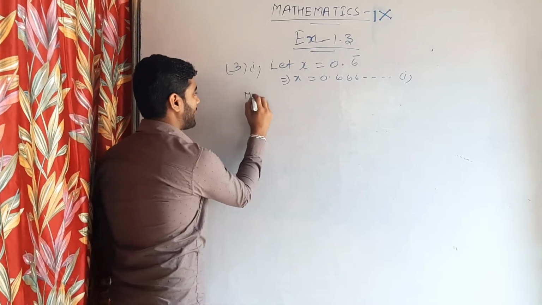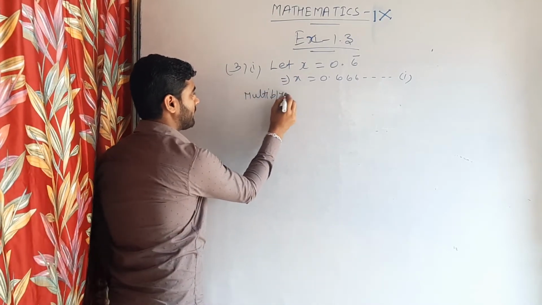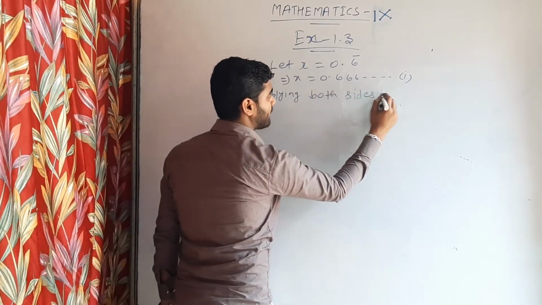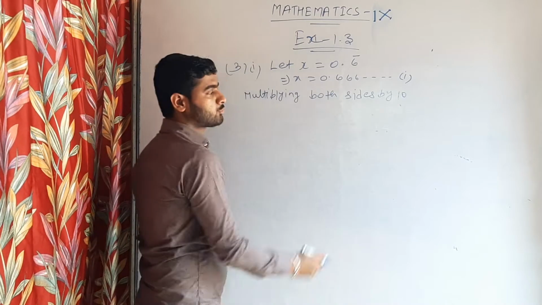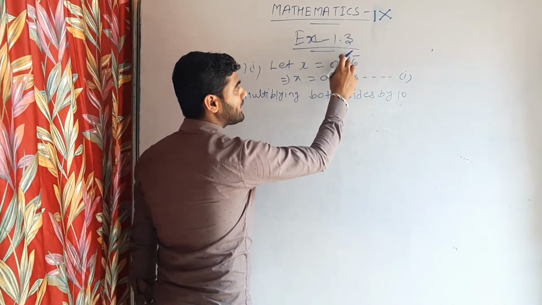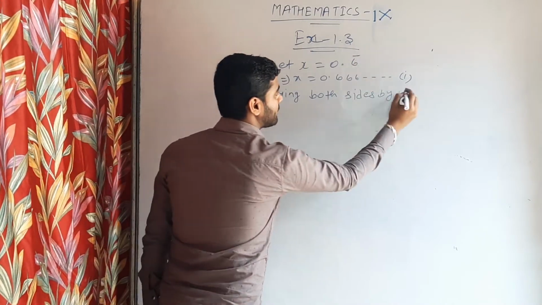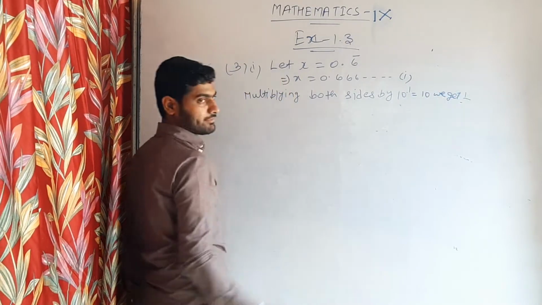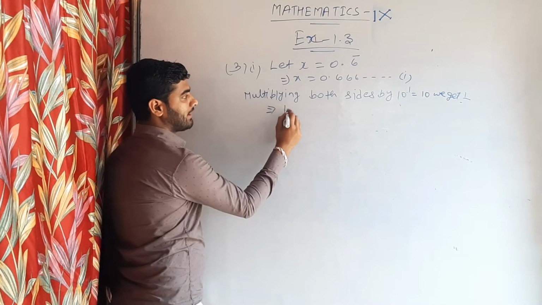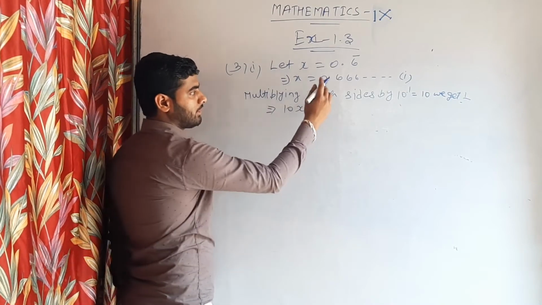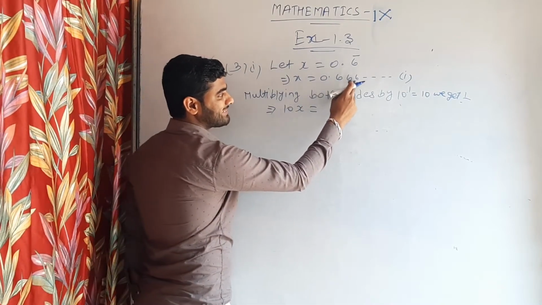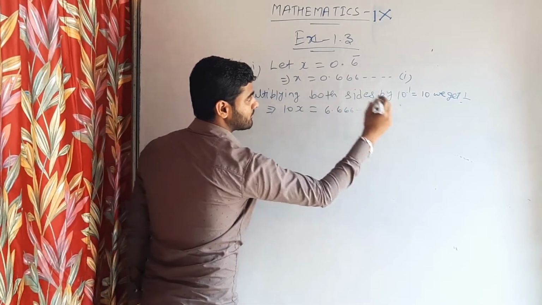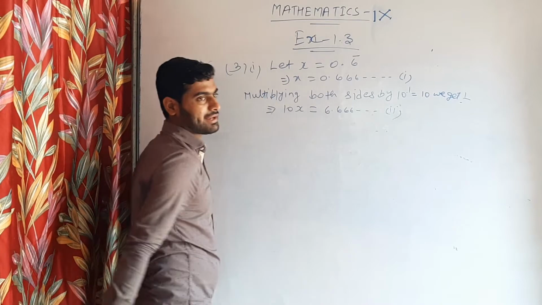So we multiply both sides by 10 to the power of the number of recurring digits. There is 1, 10 to the power 1 equal to 10. We get 10x is equal to 6.666, equation second.